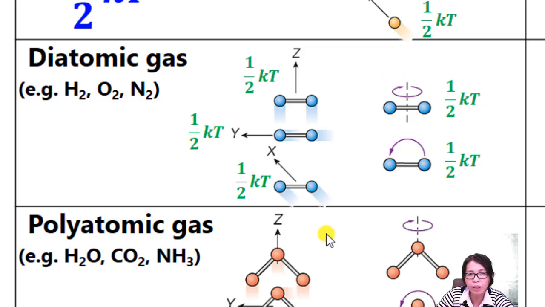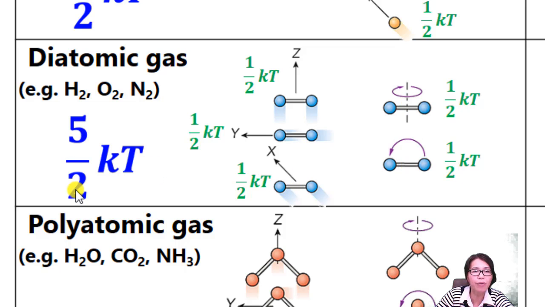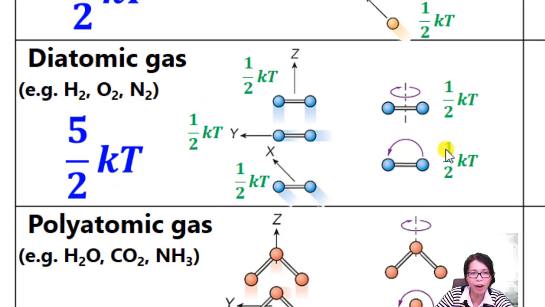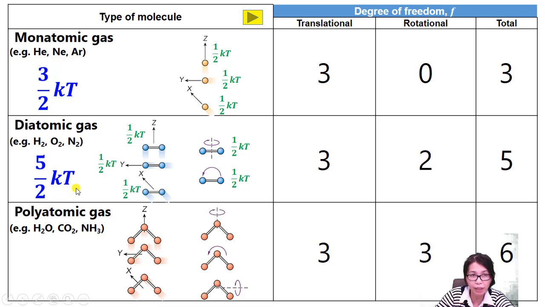So when we total up the kinetic energy contributed by each degree of freedom, we are going to have 5/2 kT: 1, 2, 3, 4, 5. 5/2 kT for diatomic gas.